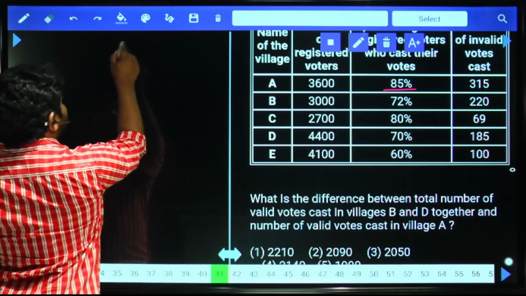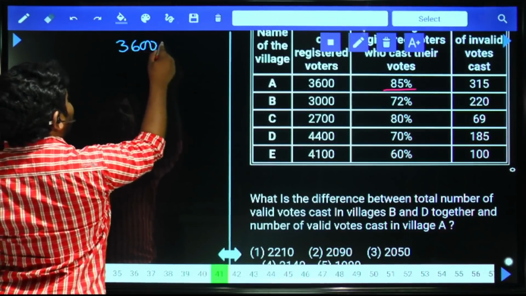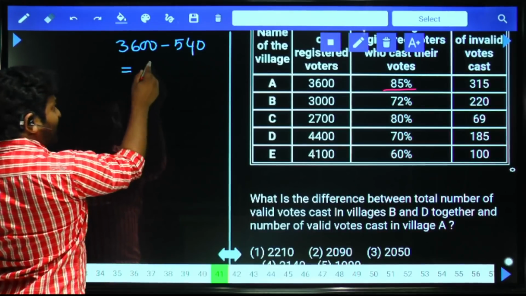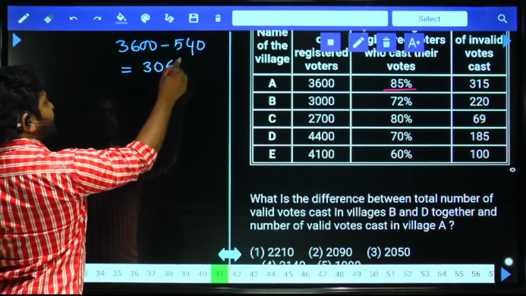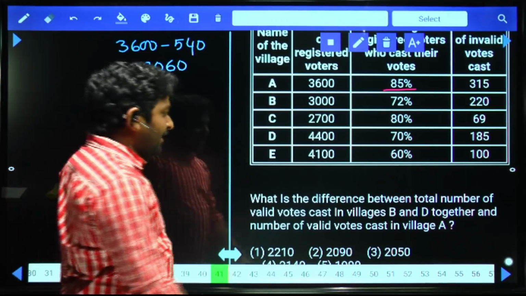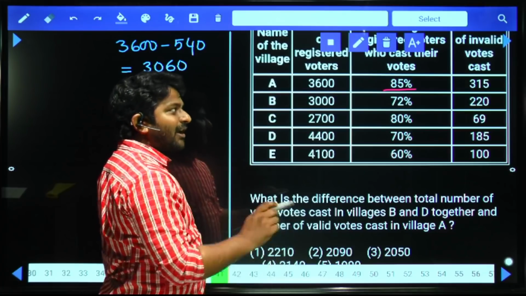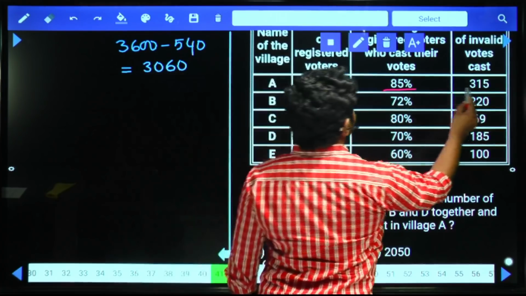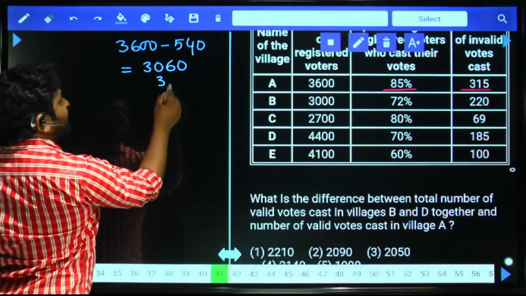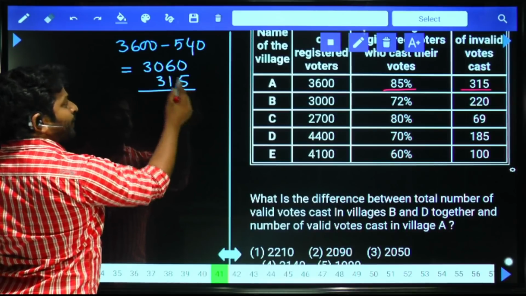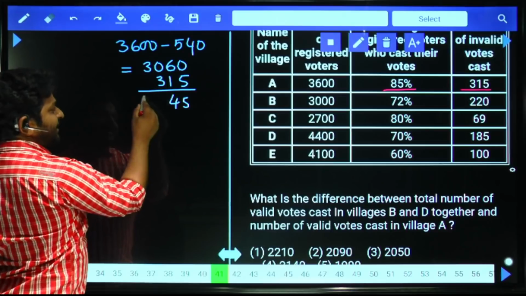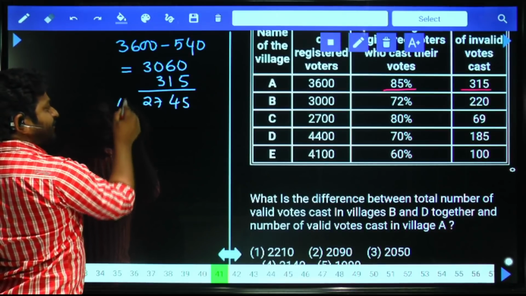So from 3,600, if you subtract 540, you will get total votes polled, that is 3060. These are the total votes polled. But you are asked for valid votes, so we also need to subtract the invalid ones from this. So if we subtract again 315, 60 minus 15, 45, 30 minus 3, that is 27. So this is for A.